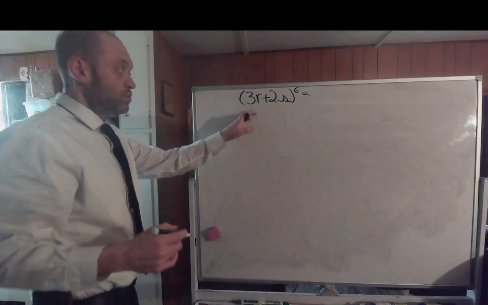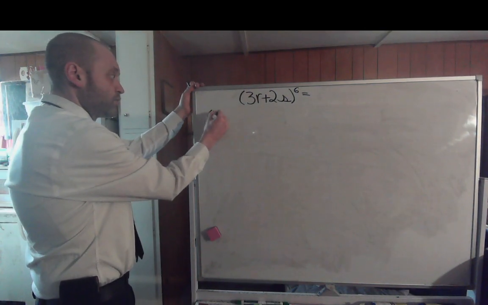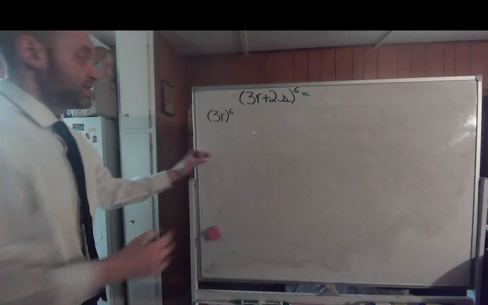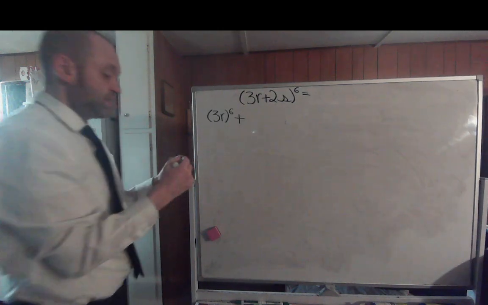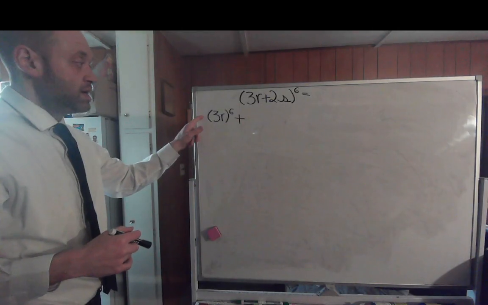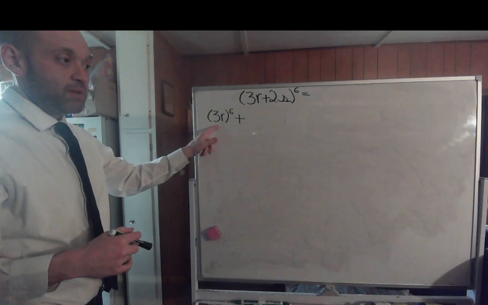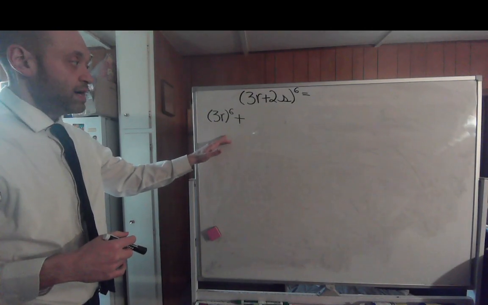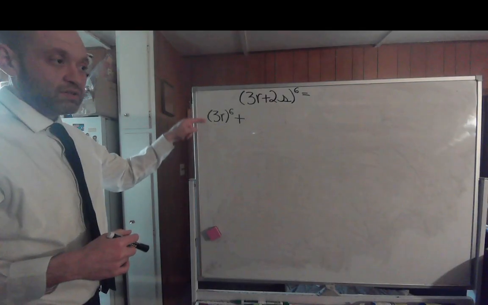So take your whole term of 3r, raise that to the sixth power. Now, to get your next term, you'll take that 6, multiply it by that coefficient of 1. You don't want to multiply it by 3 because that 3 is inside of parentheses raised to the sixth power. So that's a 1 outside of the parentheses.